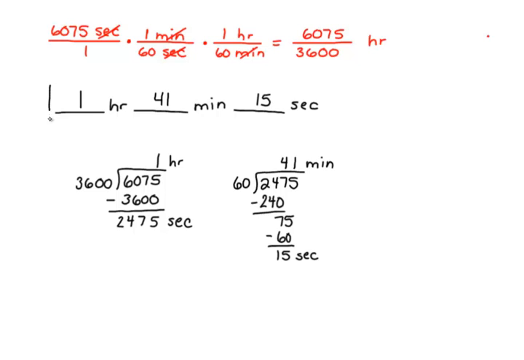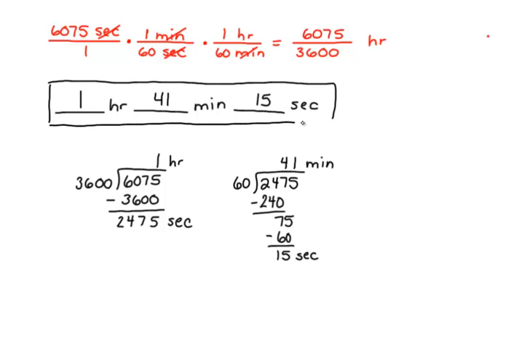Right? So that was maybe the hardest part of this problem: once we got everything changed over to seconds, how did we switch it back into hours, minutes, and seconds? What we do is we just divide and keep dividing until we really can't anymore.